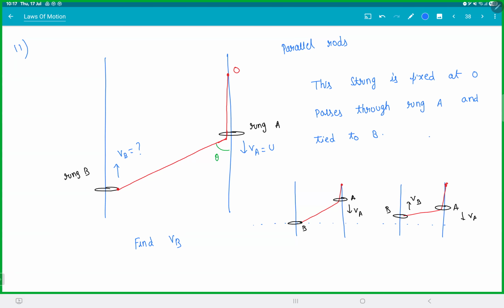VA sec theta minus 1, right? Right, Samyak. Right, Arya.